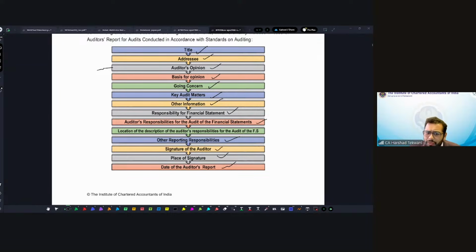Any other audit report where you have a predefined format, and instead of this particular paragraph system, we need to use that predefined format? There is one such audit report. Yes, special purpose framework. Not necessarily special purpose framework, but there is a separate standard for that. I'm talking about a normal audit only. Ayush, you're saying CARO. Okay. Anyone else with a different answer? See, CARO and long form audit reports are additional reporting that is done.